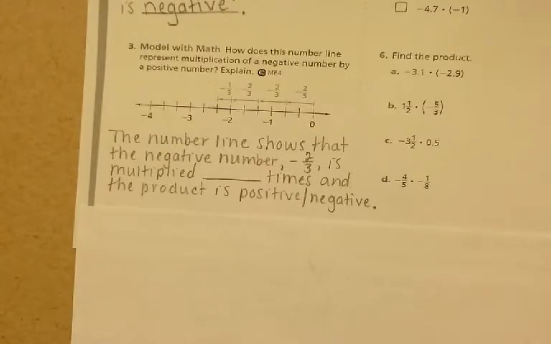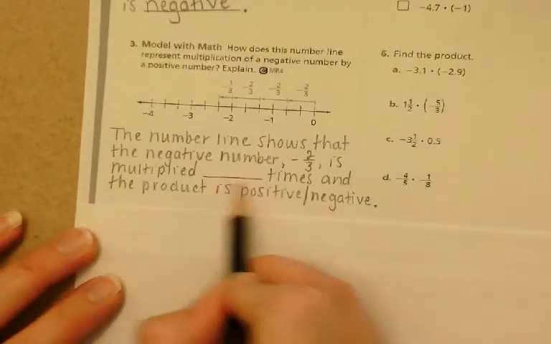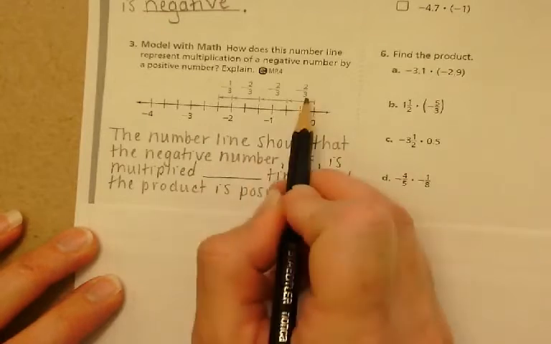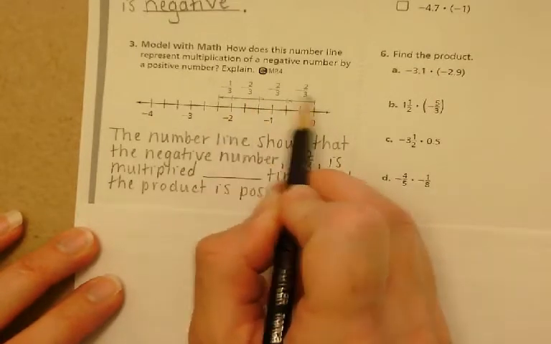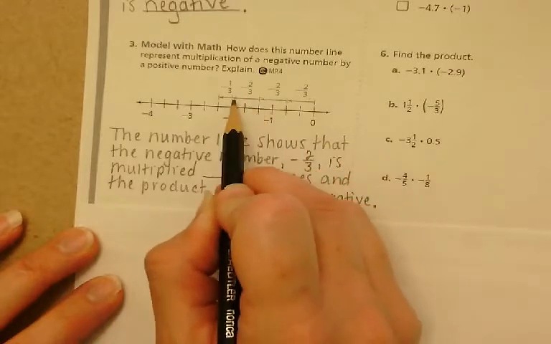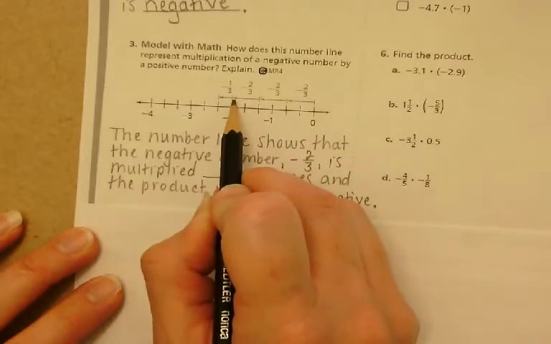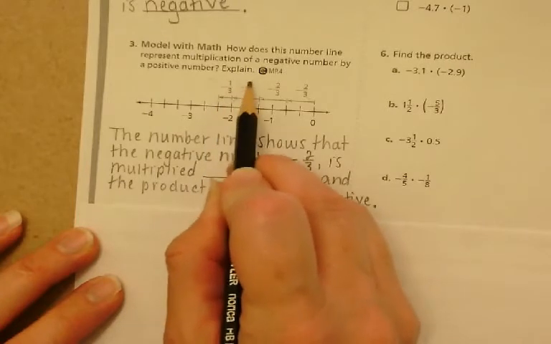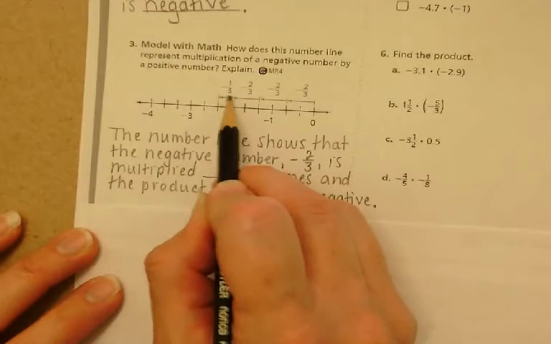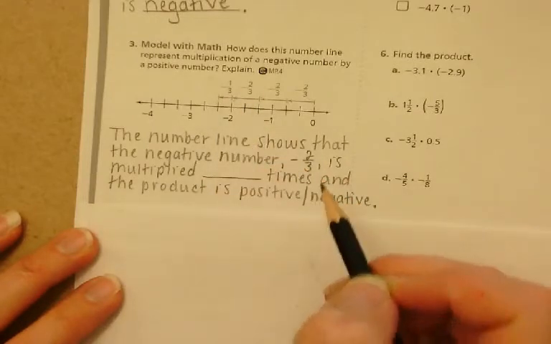Okay, so this number line shows that the negative number, the -2/3, is multiplied how many times? You can see 1, 2, 3 full times, and then this 1/3. Now, 1 is half of 2, so -1/3 is half of -2/3.